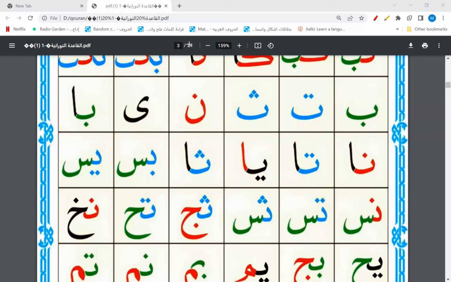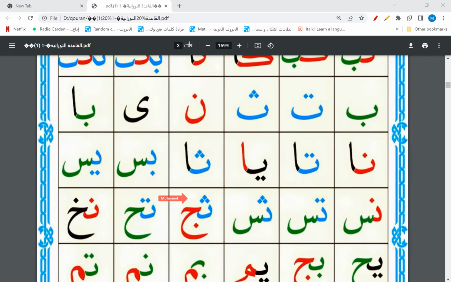So yeah, we're here. Now, what is this one? That one. Ta, sa. Very good. And this one? Tha, sa.